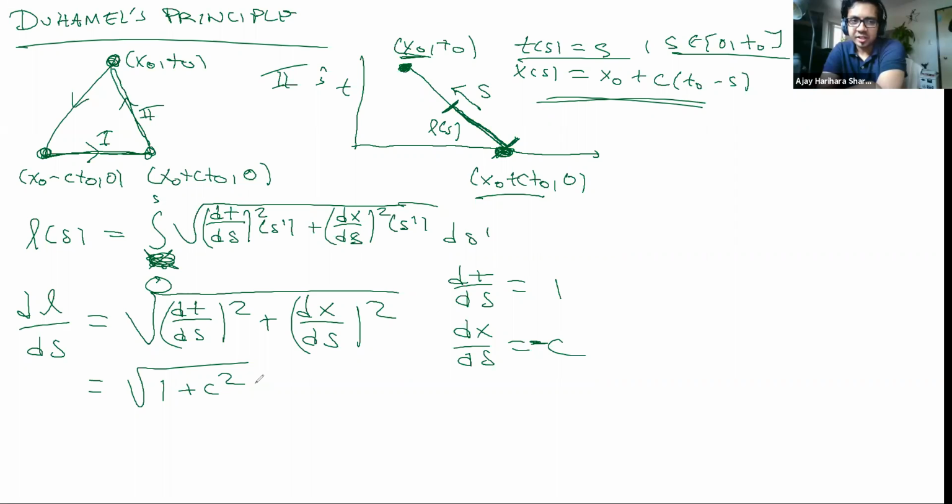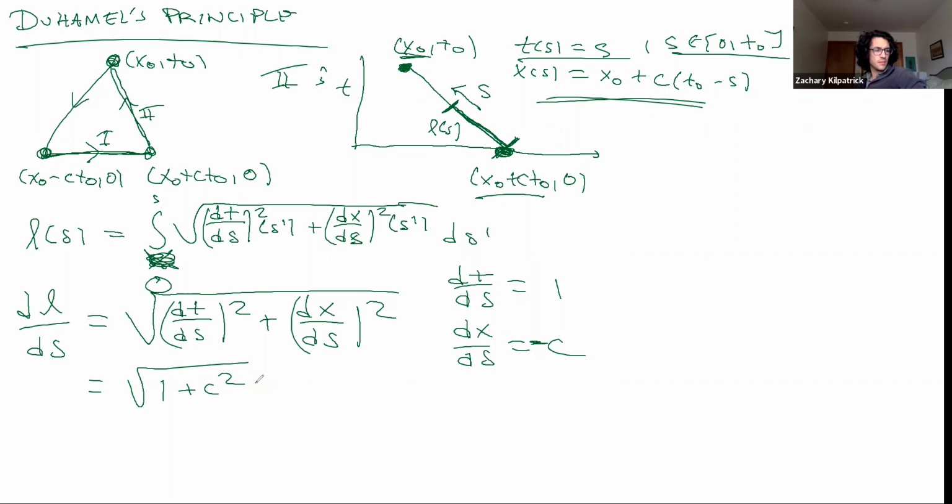Okay, but could you leave it in the variable form, like not substitute dt over ds and dx over ds and then differentiate them, and maybe show a general way of how that formula would look? I'm not quite sure what you're asking.